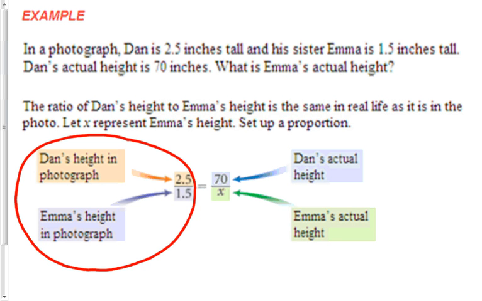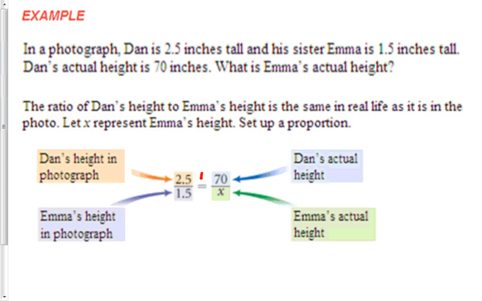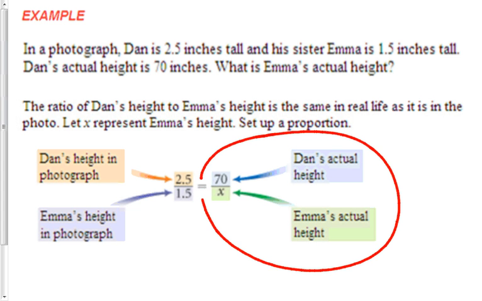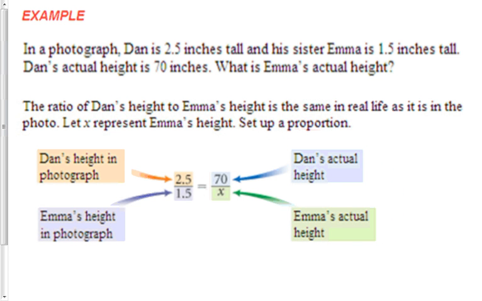On the right-hand side of the proportion, we have the fraction or the ratio made up of Dan's actual height over x, the variable that will represent Emma's actual height.